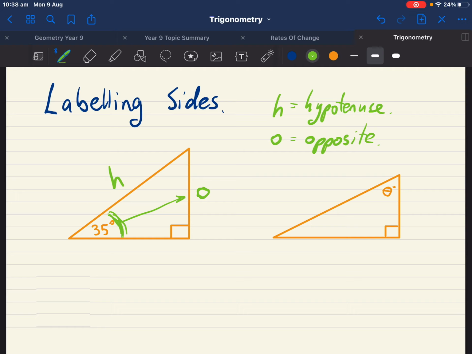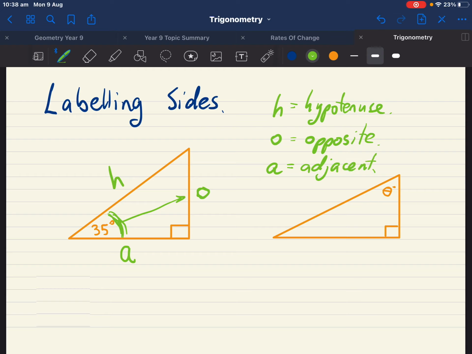So for the shorter side that is next to the included angle, because it's right next to it, we say it is adjacent. Adjacent is just a fancy word that means next to. If you've got someone who's sitting right next to you at the moment, you could say, hey, that person is adjacent to you.